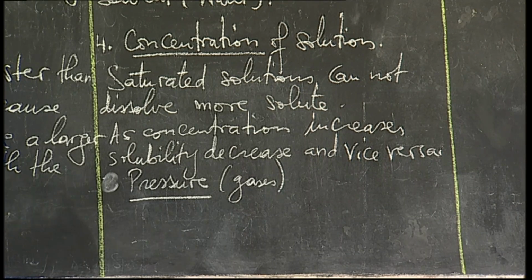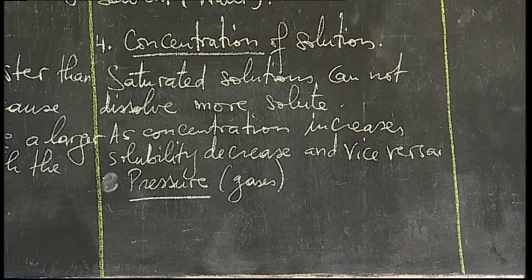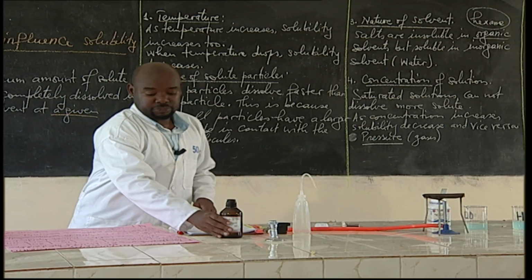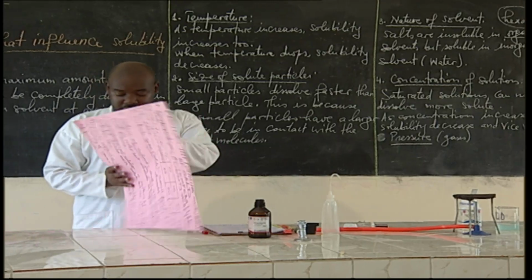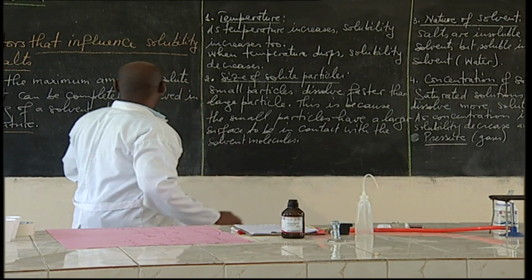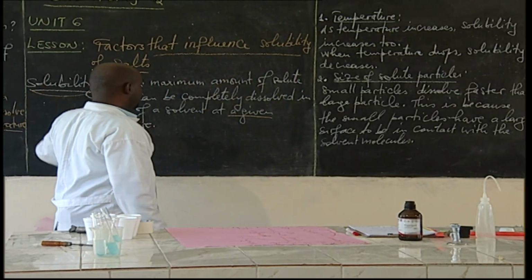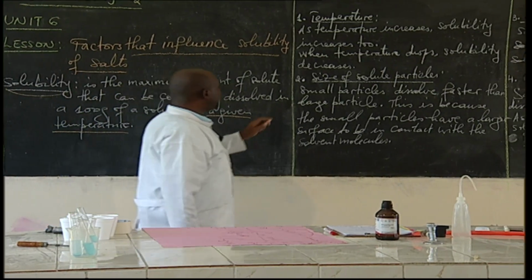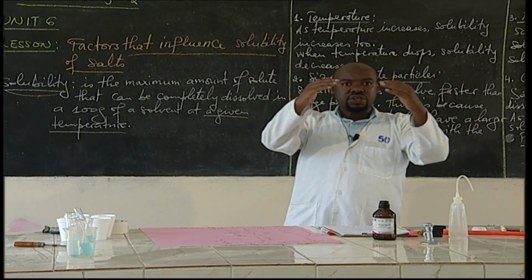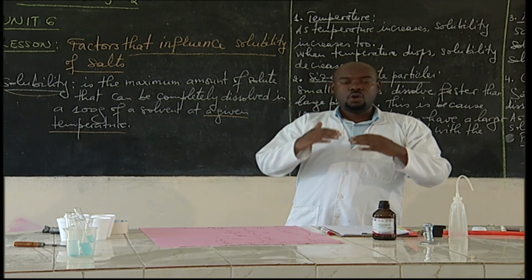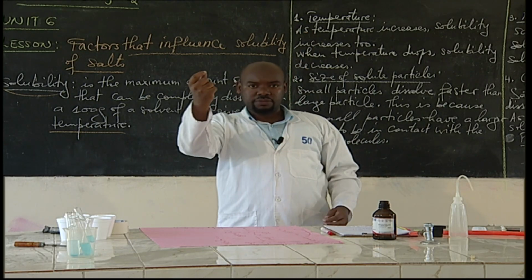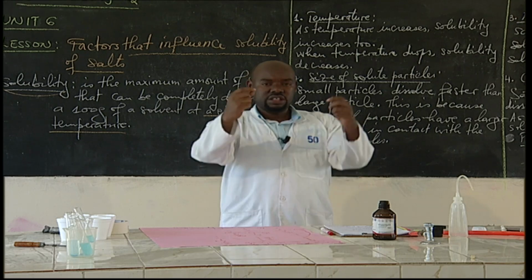Now, before we go to the assignment, let us have a look at the main points you have to remember. Here we have the meaning of solubility. We have discussed this earlier. And for particles, we have temperature. What happens when temperature increases to the solubility of salts, or when it decreases? Increasing temperature increases solubility, and decreasing temperature decreases solubility.